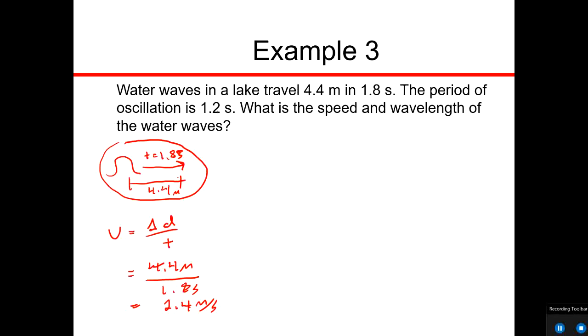For the wavelength, we can use our wave speed and our period. So we can use that speed is equal to wavelength divided by the period, which is 2.4 equals wavelength divided by 1.2. And we get a wavelength of approximately 2.9 meters. Okay, and that's it for everything on wave speed.